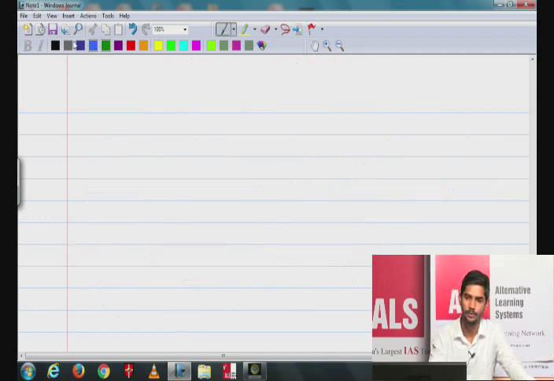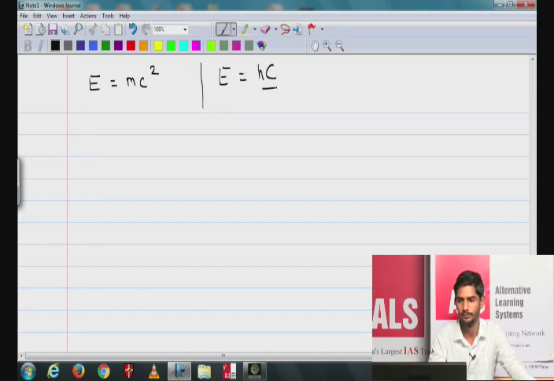Okay, so guys, look at this. We know that E equals mc², which signifies the particle nature, whereas E equals hc/λ is your wave nature. Since both are energy forms, this is the energy which equals mc², and this is the energy which equals hc/λ.